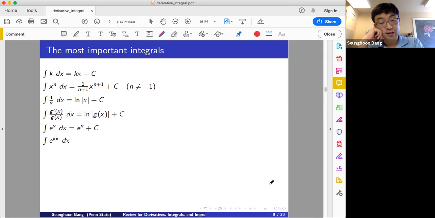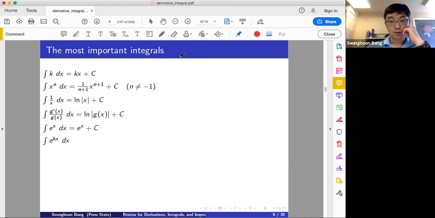Integral e to the kx dx, could you write your answer on the chatting board? What is the integral of e to the kx dx? Do you know that? Is it k times e to the x? So what do you think? Is it k times e to the kx? So really be careful.